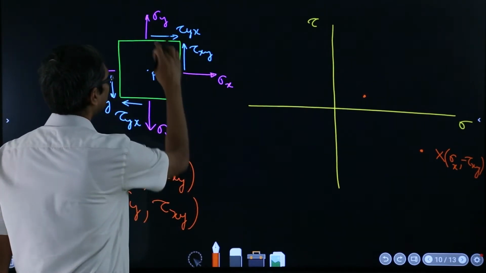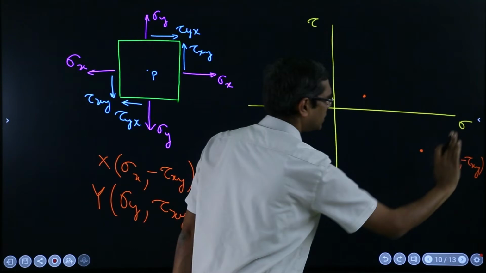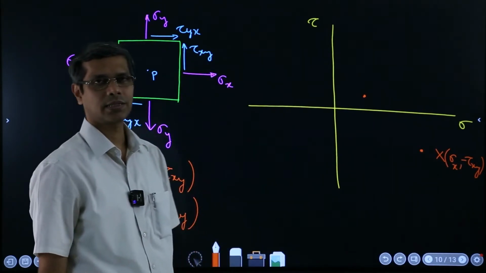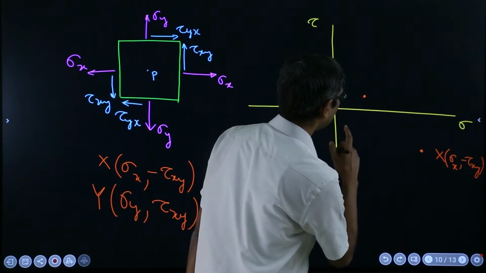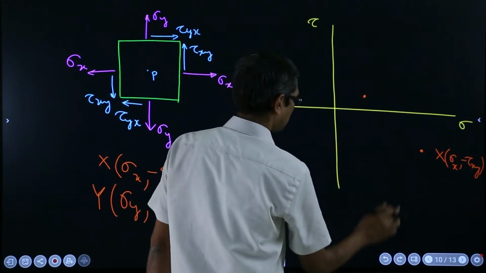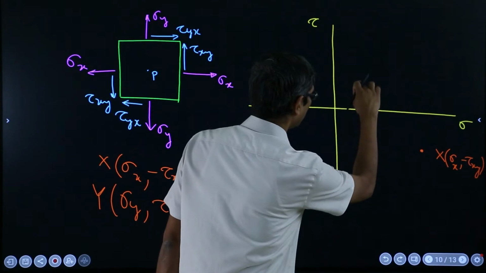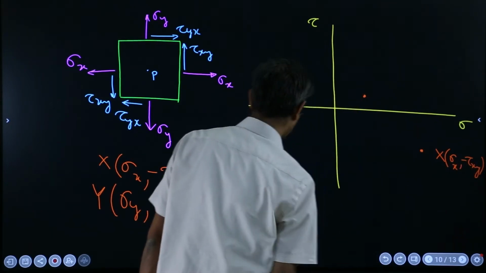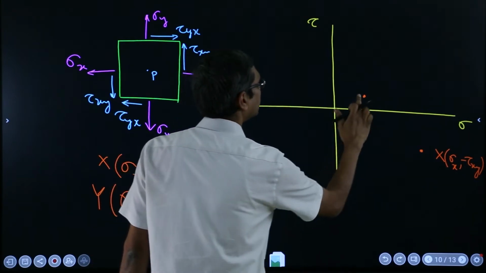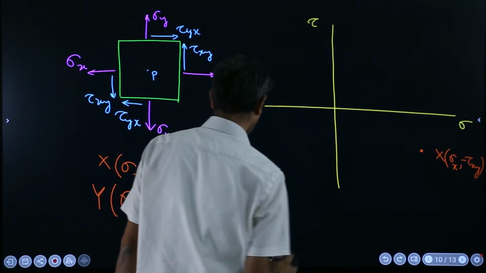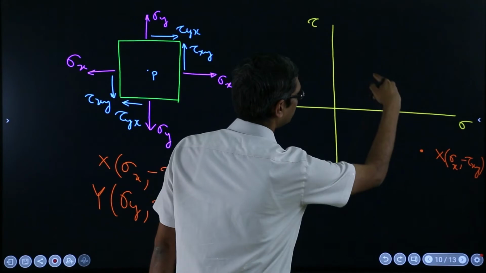All these sides are positive; tensile is considered positive. Sorry, that is wrong, because this height is the tau xy. The height has to be the same.